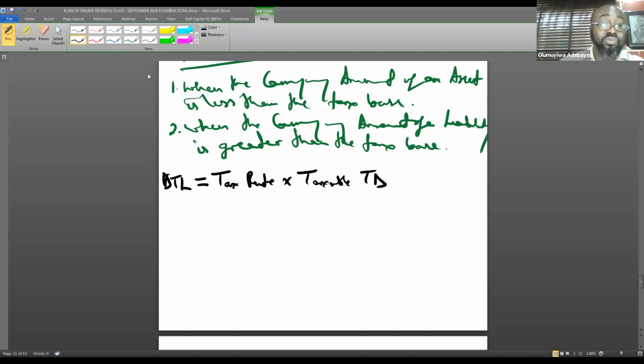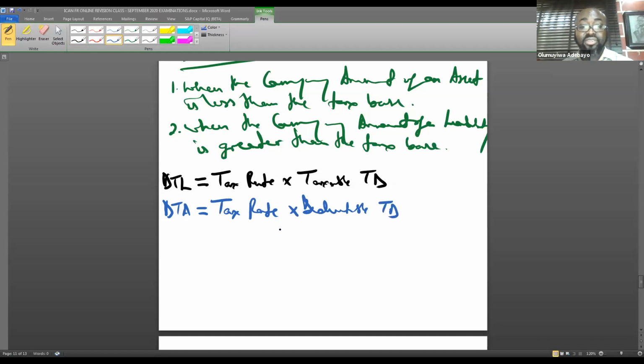Also, for deferred tax assets, it's synonymous to what we have done earlier, which is the tax rate multiplied by deductible temporary difference. Plus, remember that an asset means there's an economic benefit expected, but it's not limited to deductible temporary difference.